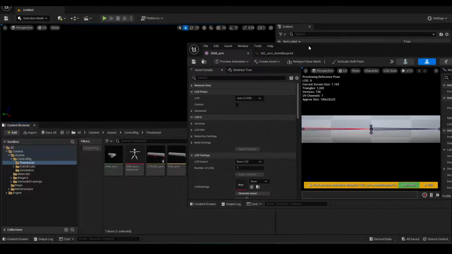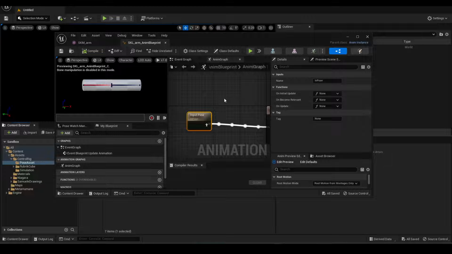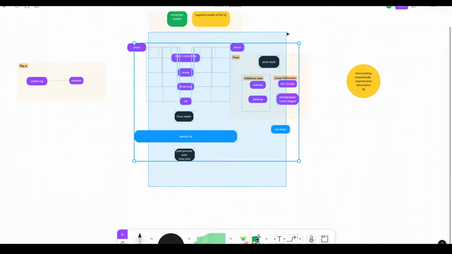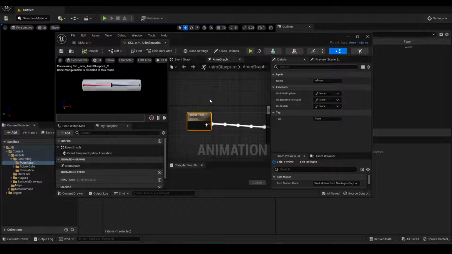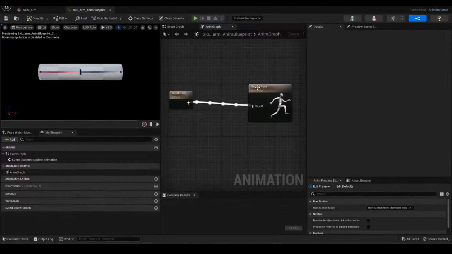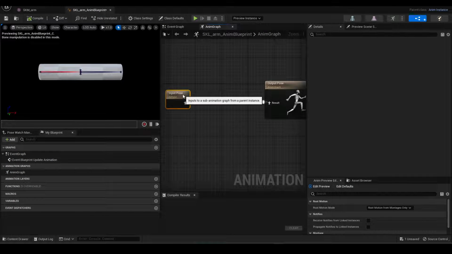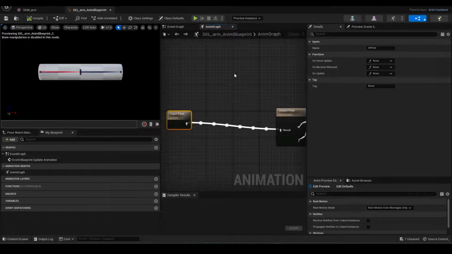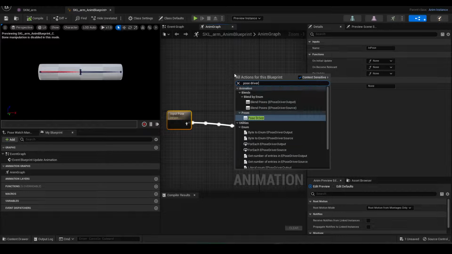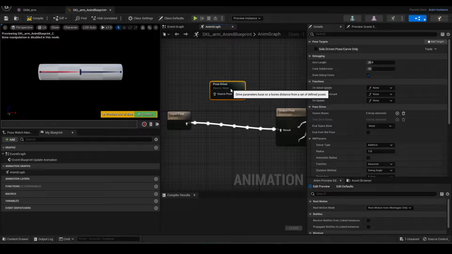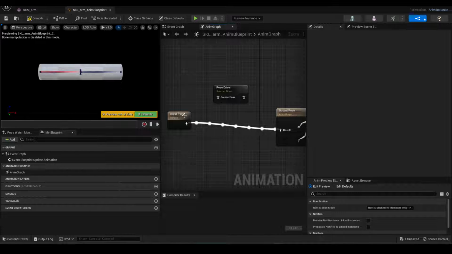Okay, cool. So what I want to do now is generate this relationship, or create a very basic corrective system to augment the quality of the rig. So what I'm going to do is use a pose driver node, and I'm going to connect this pose driver here to here.